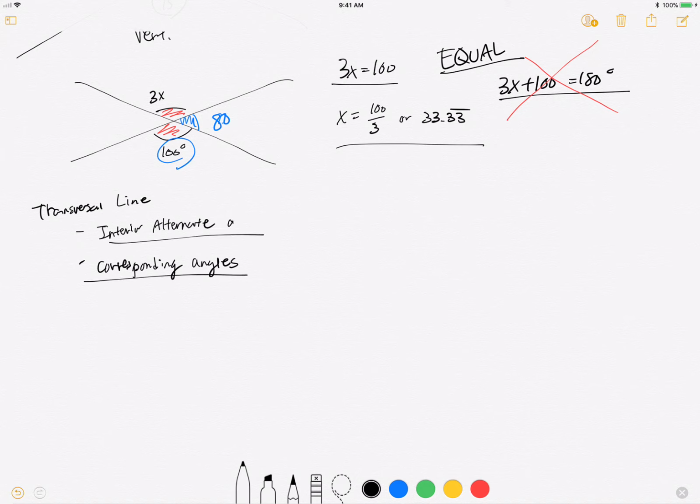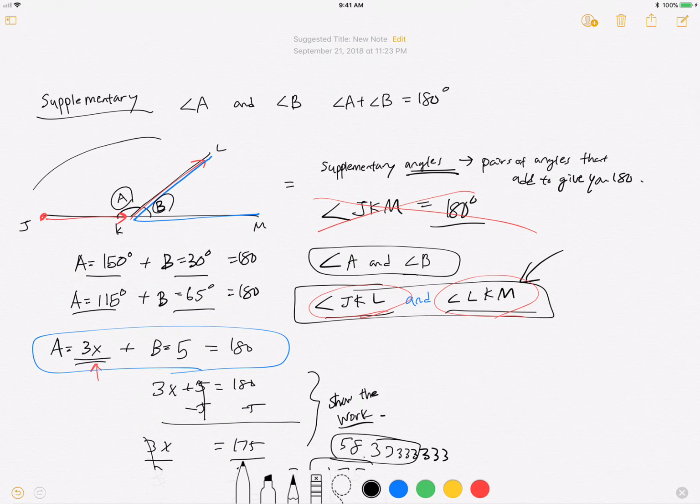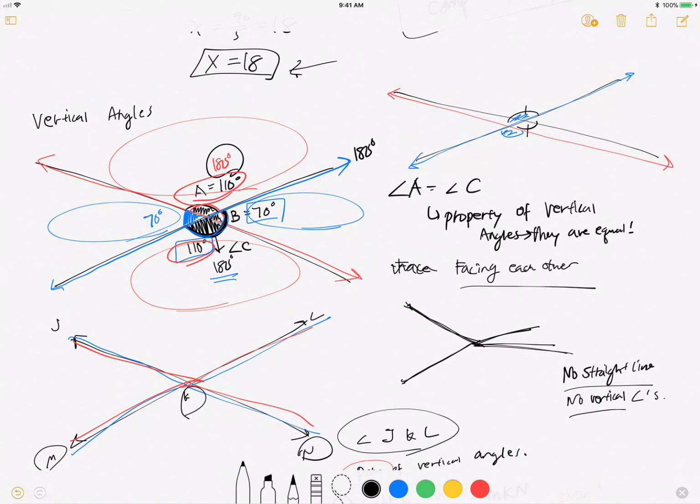Corresponding angles, alternate interior angles. So for the transversal line, it's kind of like building blocks, 1 step, 2 steps, 3 steps. We first talked about the supplementary angle way up here. Very simple stuff. Then we elaborated on that and said, okay, if I extend the lines a little bit and get a little elongated x, then we have vertical angles.